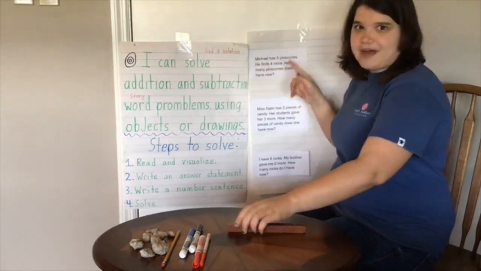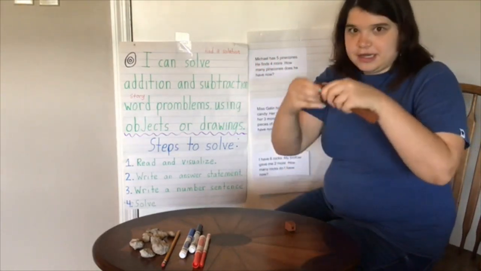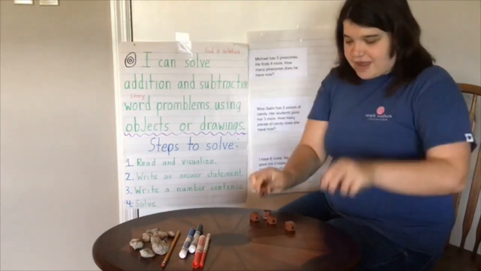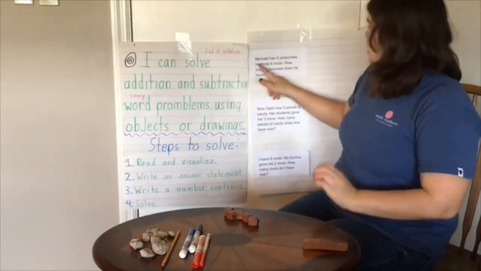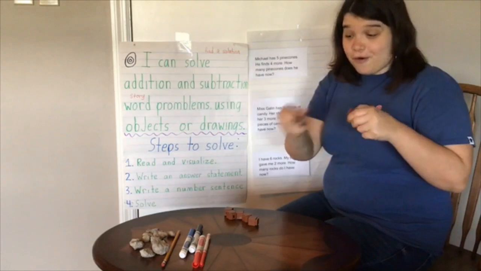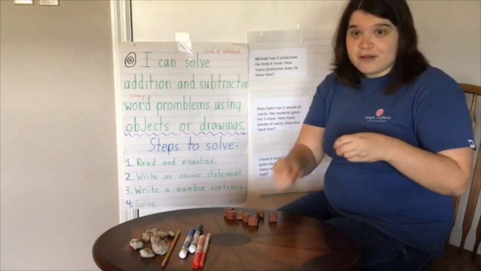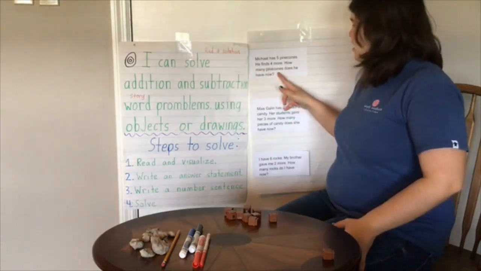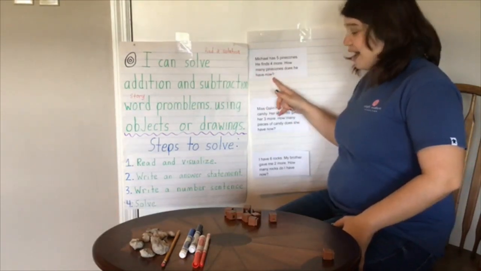So I'm visualizing 5 pine cones. 1, 2, 3, 4, 5. He finds 4 more. That means he gets 4 more. 1, 2, 3, 4. How many pine cones does he have now?